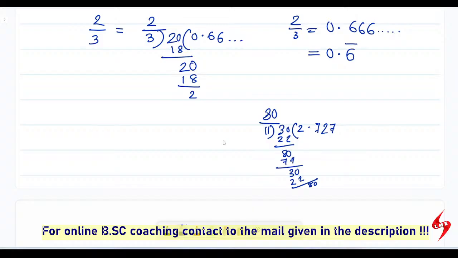So there is an expression like this, 2.7272727, and so on. You can see that 72 is repeating periodically. So the repeating number I write only once, that is 72, and mark a bar above the number.